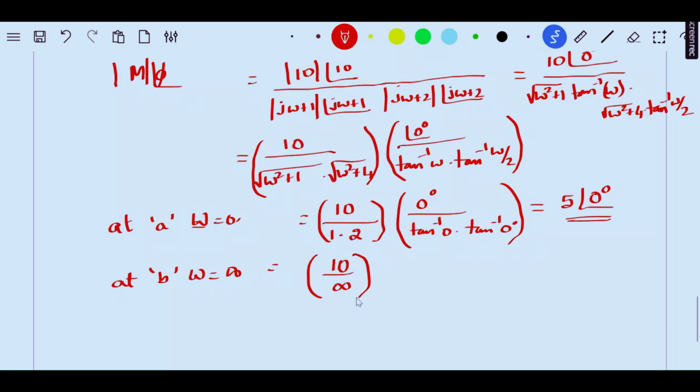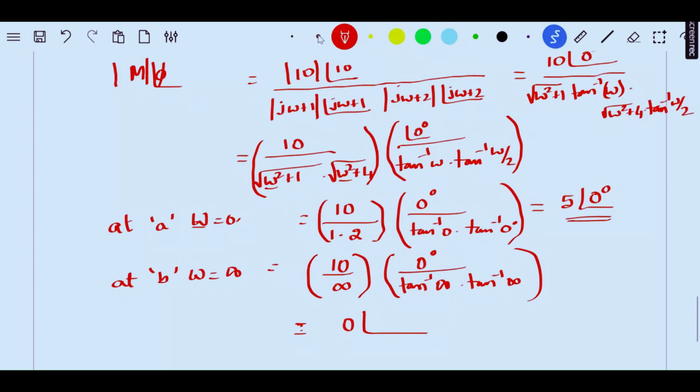The reason is that if you substitute omega equals infinity, root of infinity square is again infinity, and infinity into infinity is infinity, so you get 10 divided by infinity. And the angle is 0 degree divided by tan inverse of infinity into tan inverse of infinity by 2, which is infinity. So this will give me the magnitude: anything divided by infinity is 0.